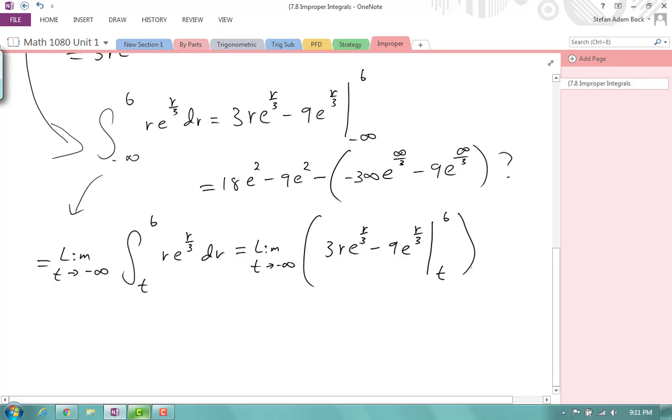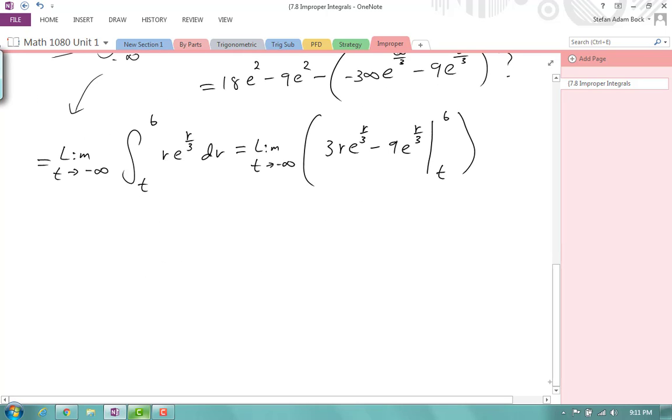And this gives me an expression that I can make sense of when I plug them in, and I'm going to be able to evaluate or do limit techniques to try to find out what this value is. So I have the limit as t goes to minus infinity. See if I can save some of my work. I have 18e squared minus 9e squared minus the quantity 3t e to the t over 3 minus 9e to the t over 3.